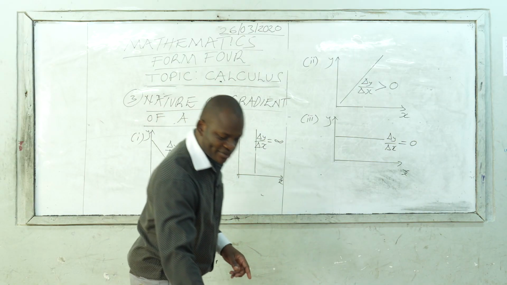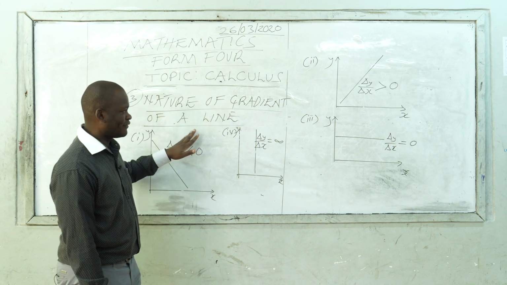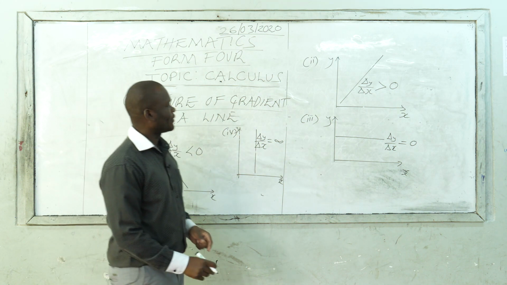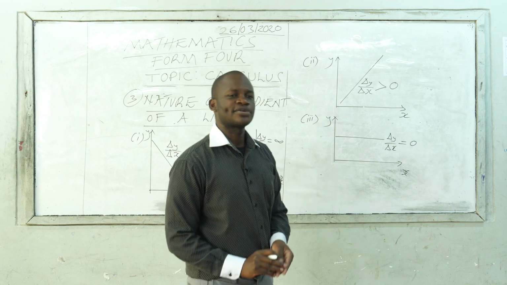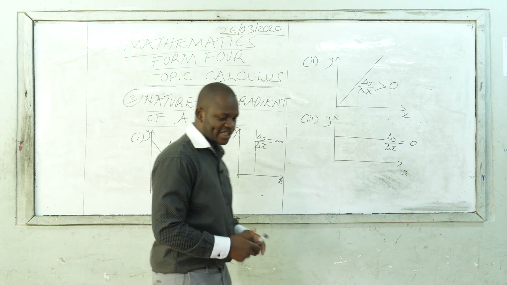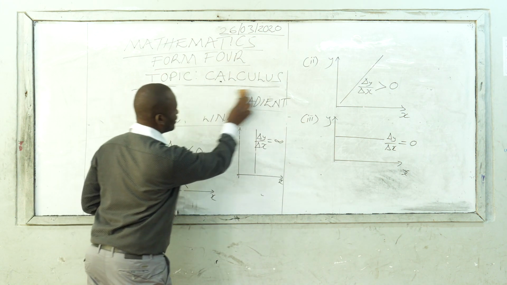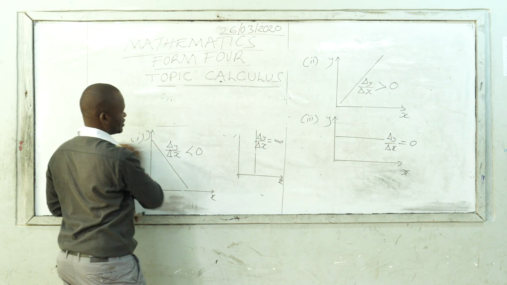So we are done with the issue of the nature of the gradient of a straight line. Now we go to the rate of change or gradient of a curve. This is our fourth concept, as we now go deeper into our topic.